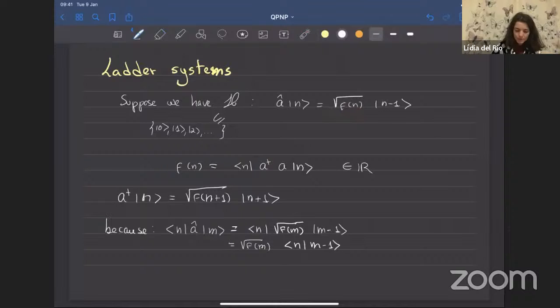But this we know is the delta n, m minus 1, right? They need to be the same. Good. But this means that we can rewrite this as square root of f of m plus 1. Sorry.